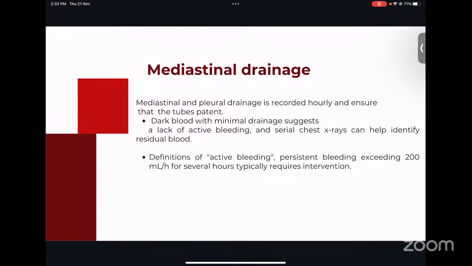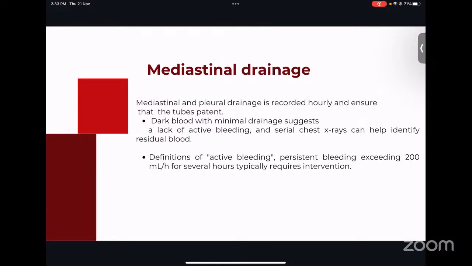Regarding the mediastinal and pleural drainage, it is recorded hourly, and it is crucial to quantify the chest tube drainage and ensure that the tube is patent, as a clotted tube or blood in the pleural space can mask ongoing hemorrhage.